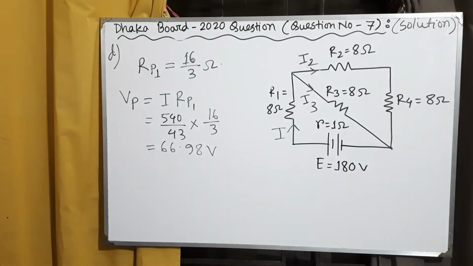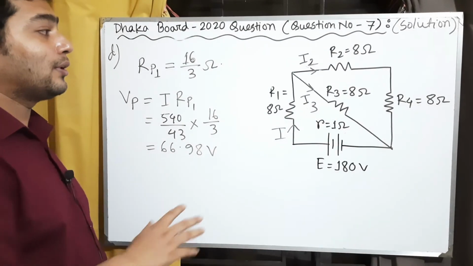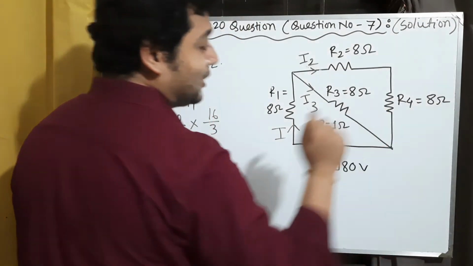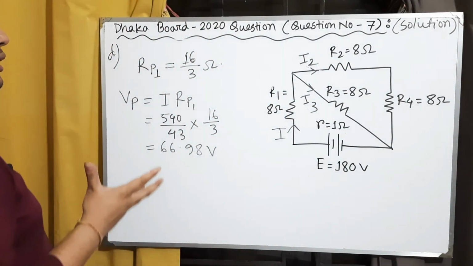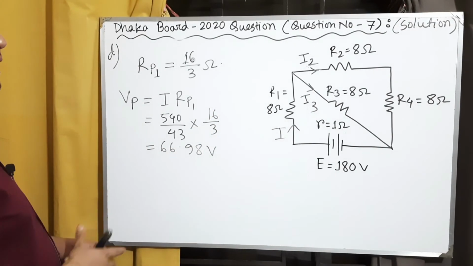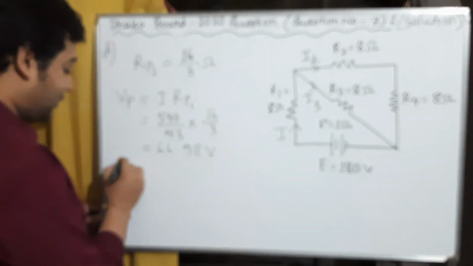Since this is a parallel circuit, the voltage will be the same. The voltage Vp is across this branch and also across the other branch. So we know the voltage and can calculate the current.